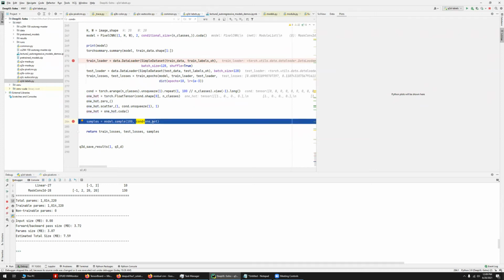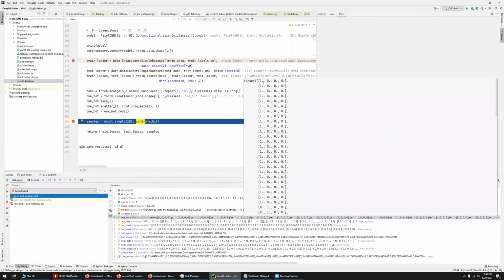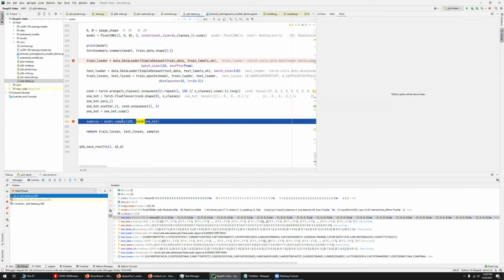Oh, here we go, I think we got it. If you look at one-hot, we'll see it's 25 squares, 25 this, 25 that, and so we say, okay, sample, but here's the condition.